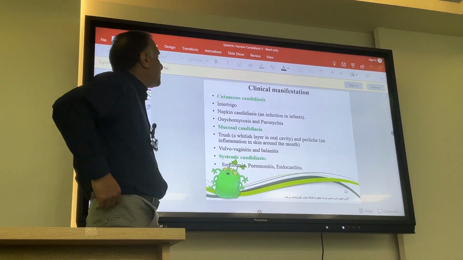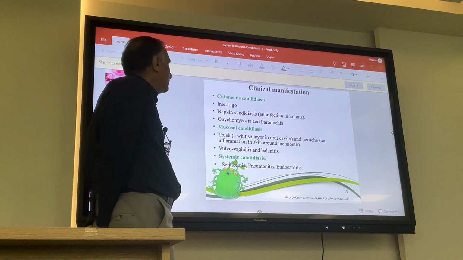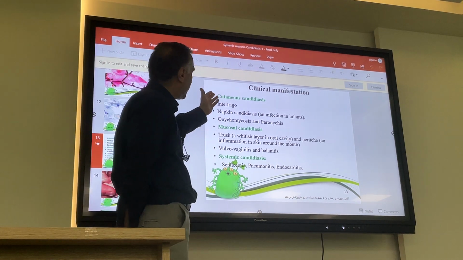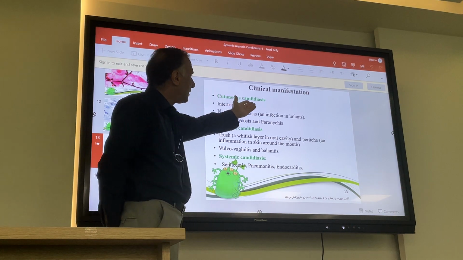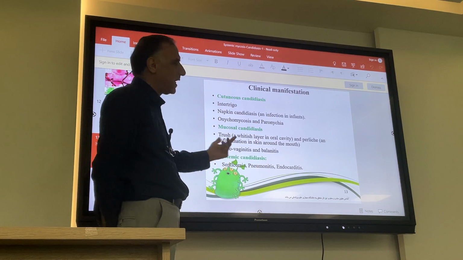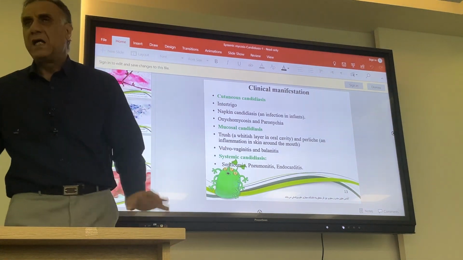In clinical manifestation, we have three types of infection: cutaneous candidiasis, mucosal candidiasis, and systemic candidiasis.